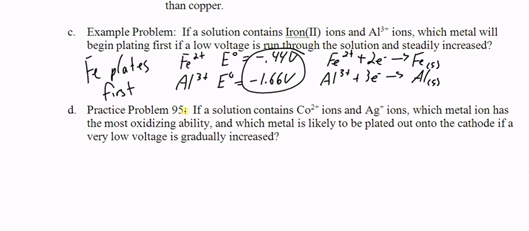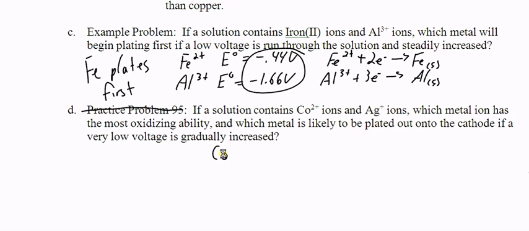So the next thing I have here is this. If a solution contains cobalt ions and silver ions, which metal ion has the most oxidizing ability, and which metal is likely to be plated out onto the cathode if a very low voltage is gradually increased? Ignore practice problem 95. This is not practice problem 95, but it's pretty similar to it.